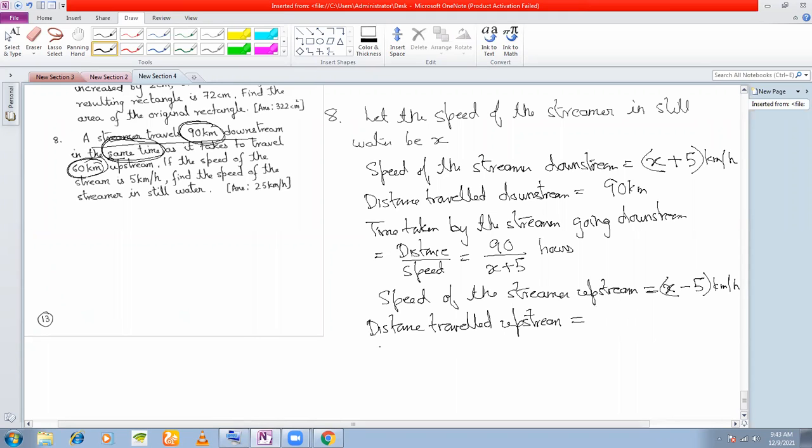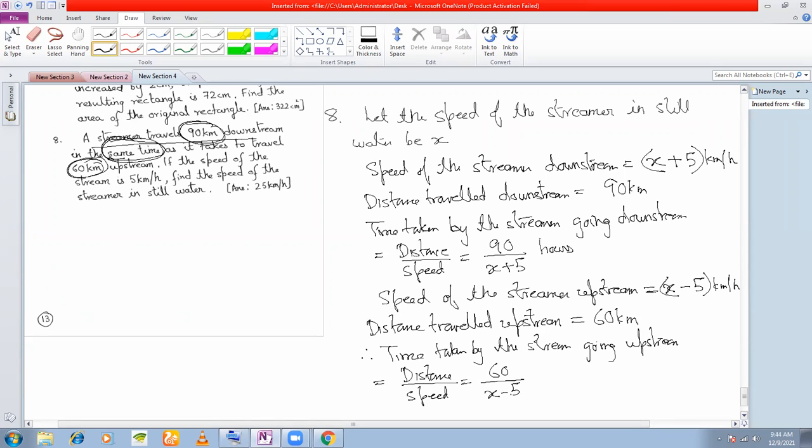So therefore, what is the time taken by the streamer going upstream? It is equal to distance by speed. Distance here is 60, and time taken upstream is 60 by x minus 5, right?